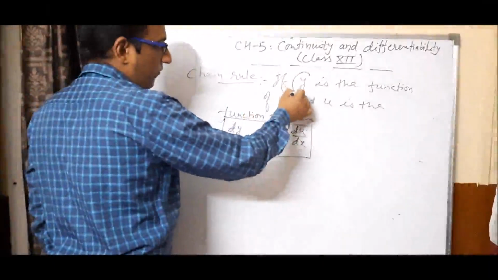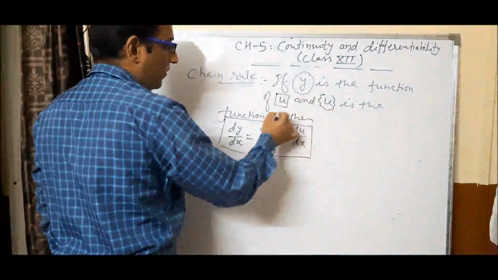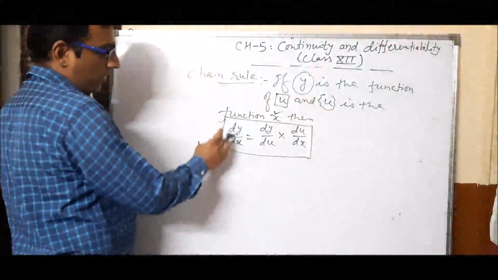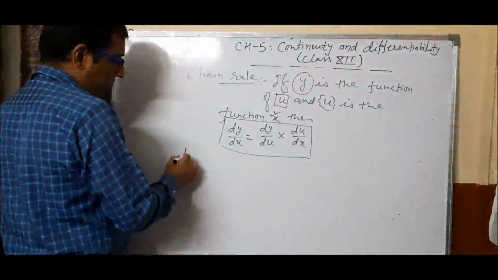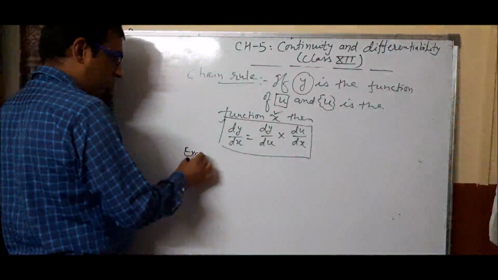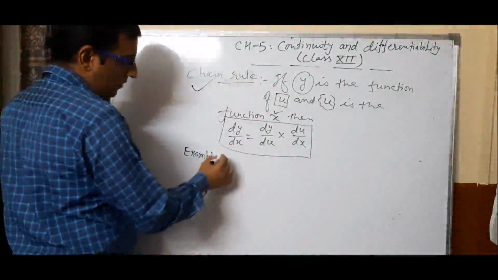Again I am repeating, if y is a function of u and u is a function of x, then dy by dx equals dy by du into du upon dx. Now I am taking one example here. With the help of this example, the concept of chain rule will be more clear.